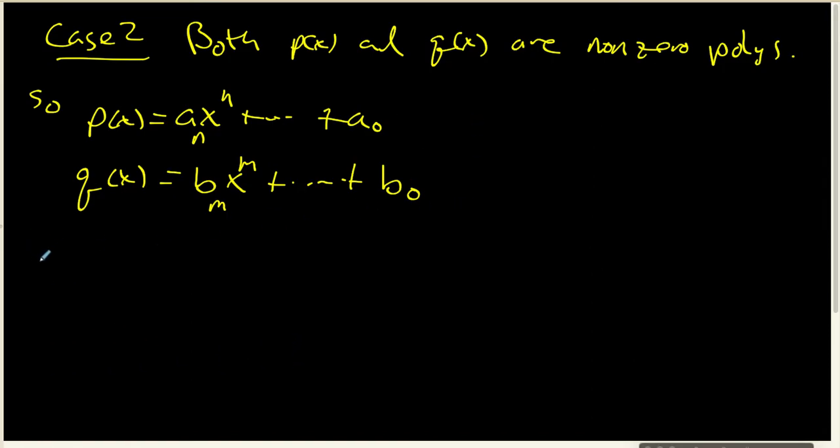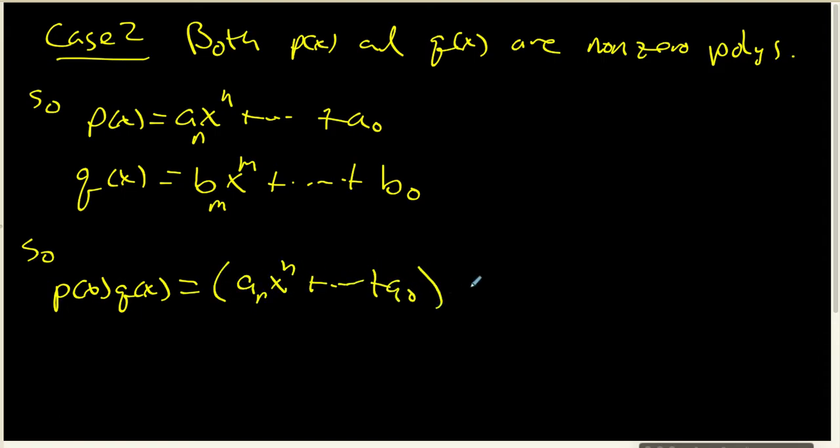But once we have this, I know how to find p of x times q of x. That's just the first polynomial times the second polynomial. And when I start thinking about how polynomial multiplication works, I know that the product is going to be done by doing the distributive law.